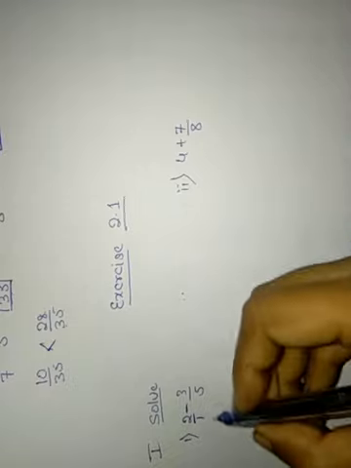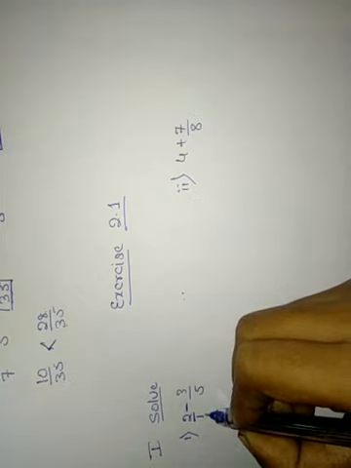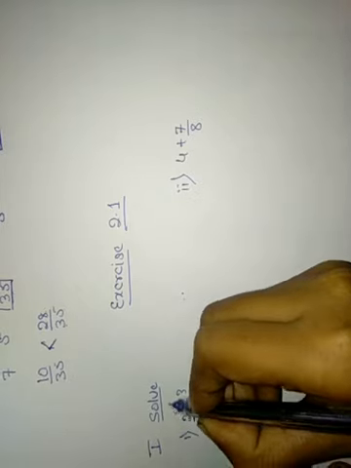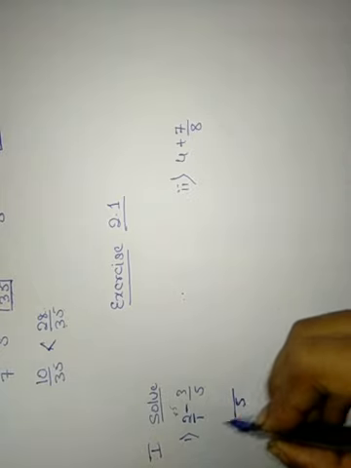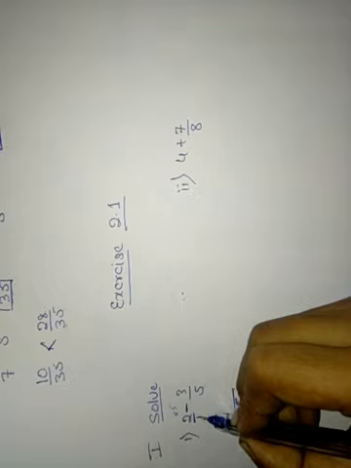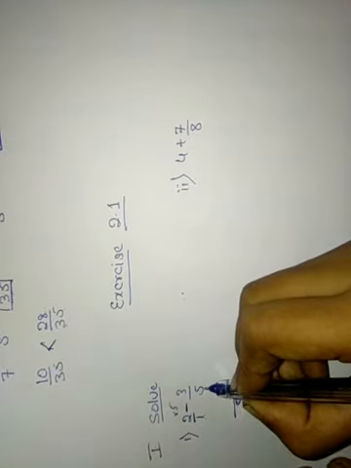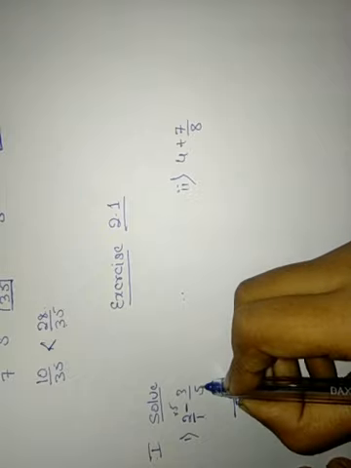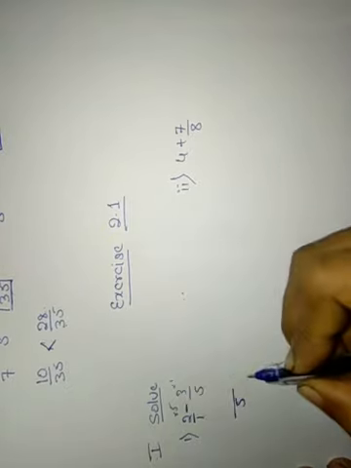Now we'll write the numerator. To make the denominator 5, I will multiply it by 5, because the LCM we got here is 5. Here 5 is already there, so there is no need of multiplying with any number. I will multiply it by only 1.